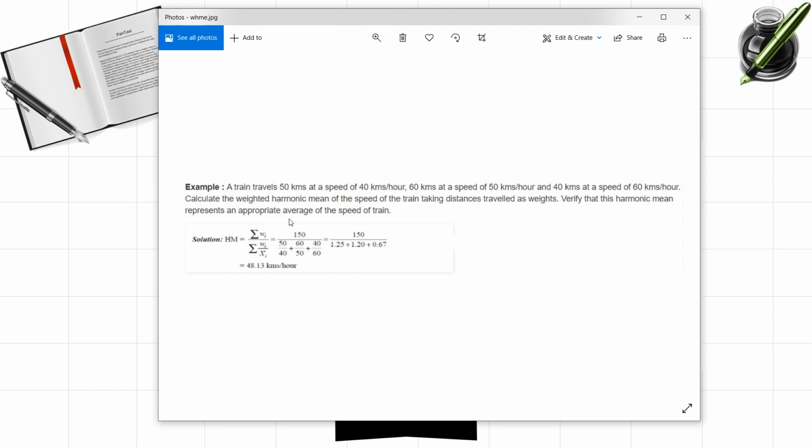And then do the total of these ratios, which is your denominator. Just substitute into the formula. We'll get the answer as 48.13 kilometers per hour. I hope you understood. You just try this and compare your answers here.